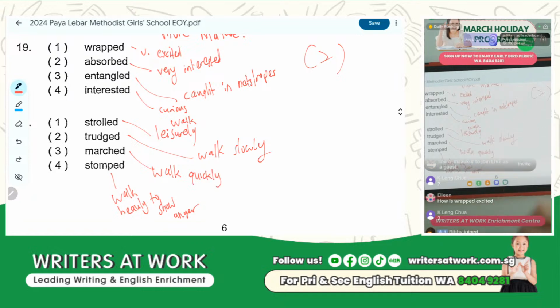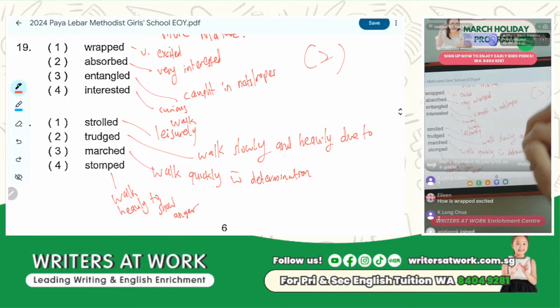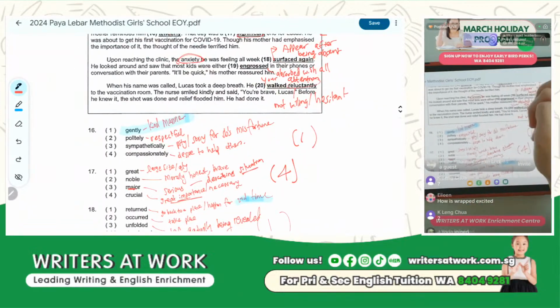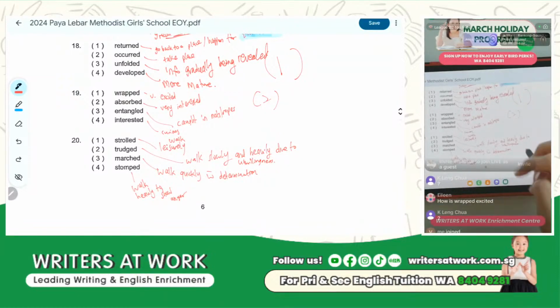That's why I mixed up both. Okay, but trudge means that you walk slowly and heavily due to unwillingness. Okay, so let's address questions one by one, yeah? So for question 20 now, because someone is reluctant and unwilling, our answer would be number 2.